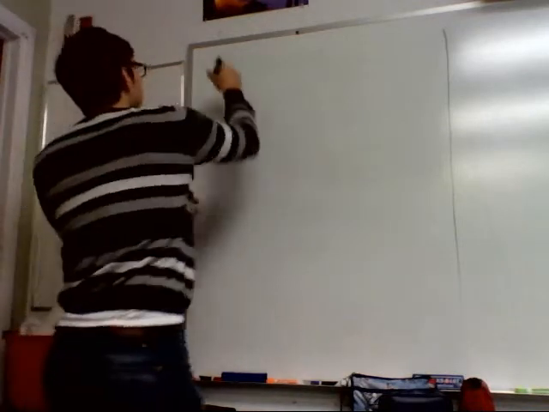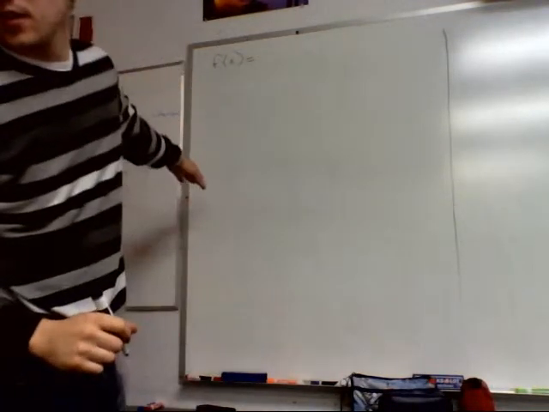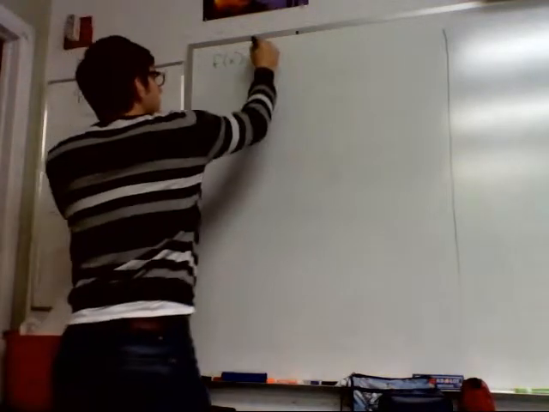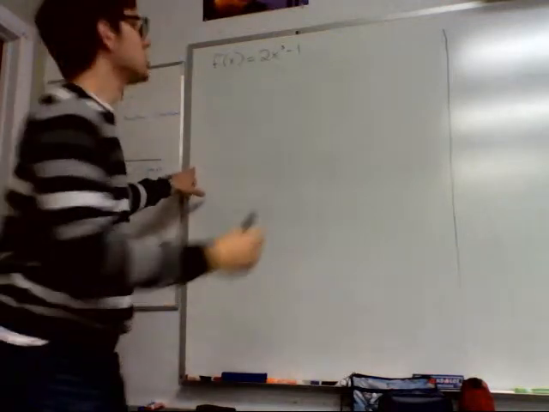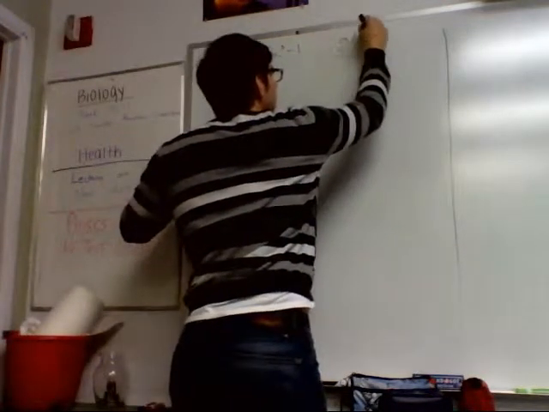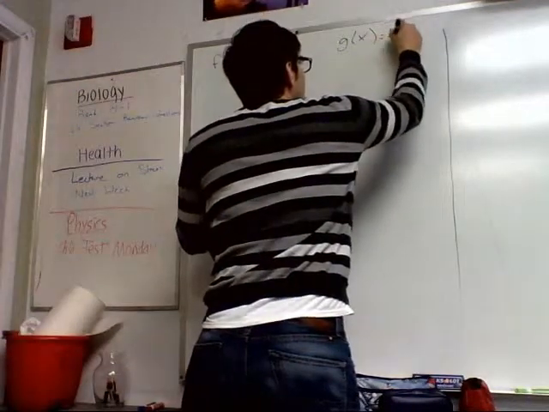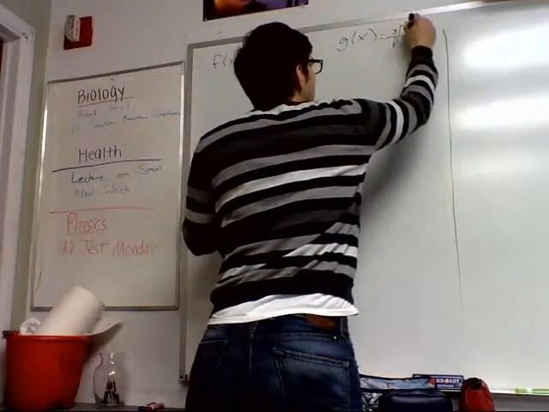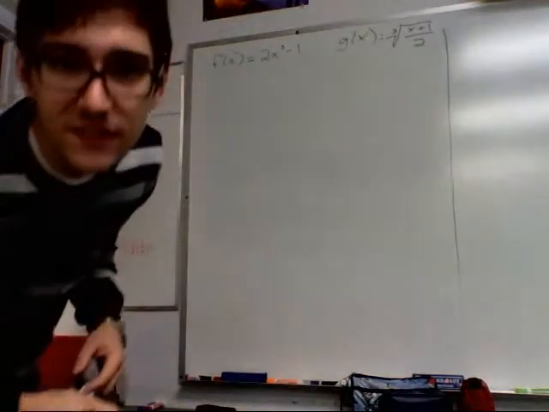So f of x here is defined as 2x cubed minus 1. Okay, and g of x is defined as the cubed root of x plus 1 over 2. Is that visible?